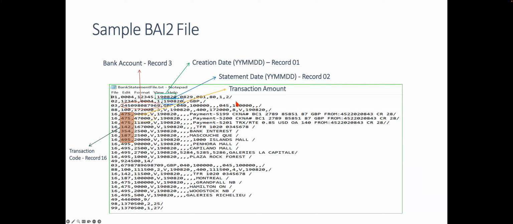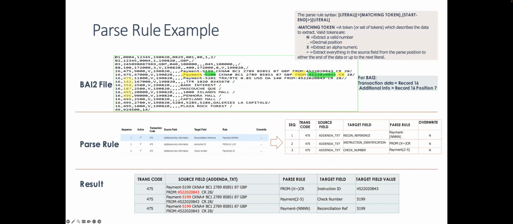The bank will give you these specs anyway, but the key thing to note is that there are specifications for each of these. There are rules for parsing rules, and so on. I didn't even put any parsing rules in, I think I did, yeah. But parsing rules could be a little complex if you don't understand how it's mapped. So again, there is information on how this works in the videos.